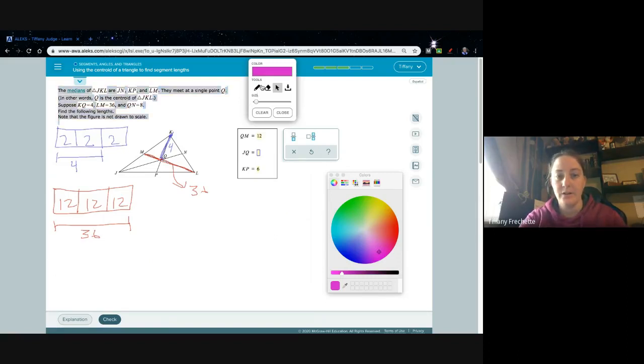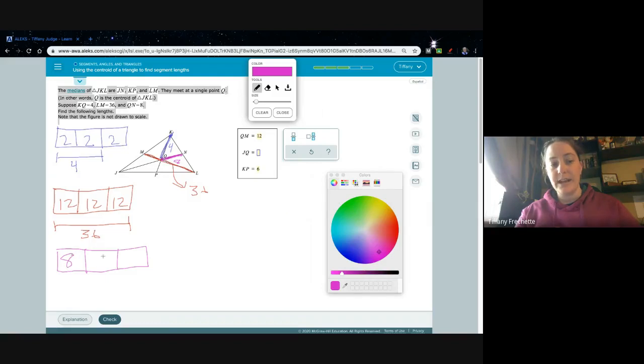I forgot to grab my pen tool. All right, so we do know we're going to be dividing something up into thirds. So they give us QN is 8. So they give us this piece here is 8. So remember, this is going from the centroid to the midpoint. So that means it's worth 1 of the thirds.